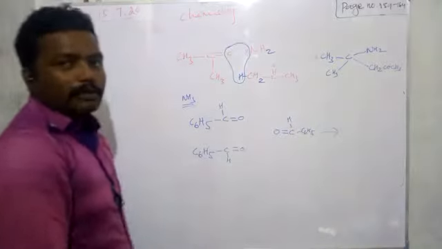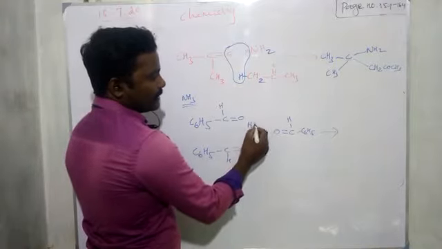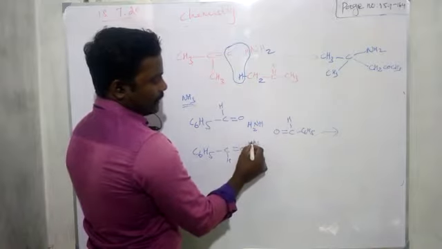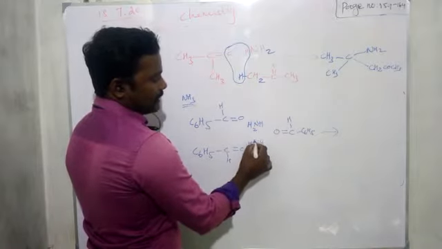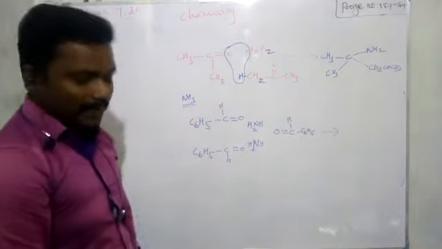Now we have to take 2 moles of ammonia. I am going to write the ammonia like this, NH2H, NH2H. NH3 is the molecular formula for ammonia. I am just splitting and writing.